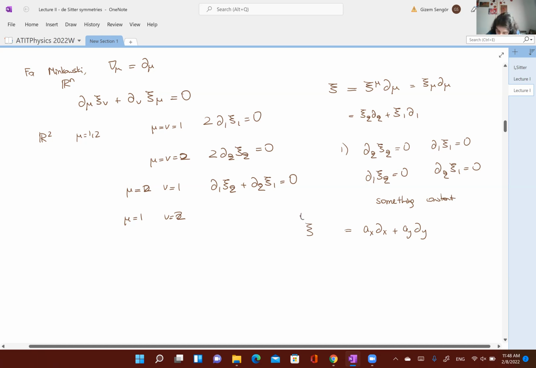So this is just translations. ax, ay are constants. You can have just ax del x. It will still solve all these equations simultaneously. So you can split this into 2 independent pieces. So there's an x translation and a y translation.